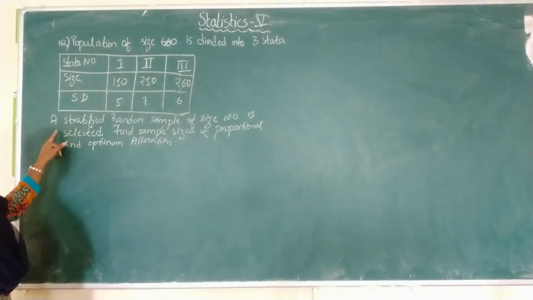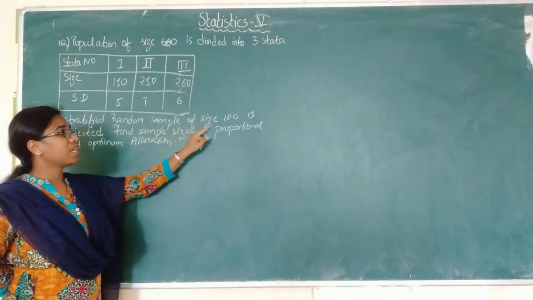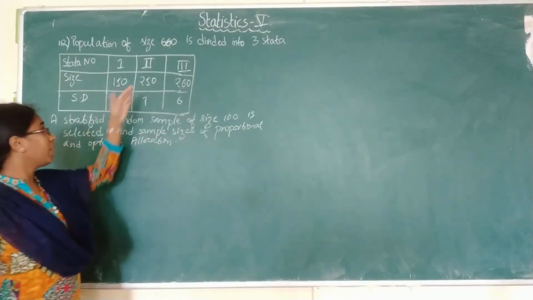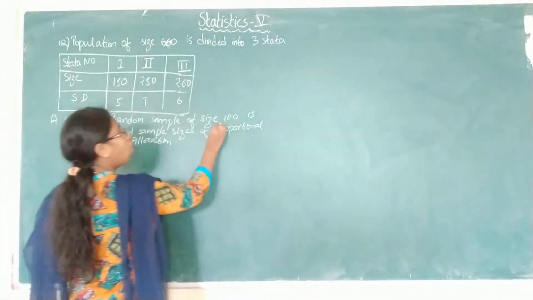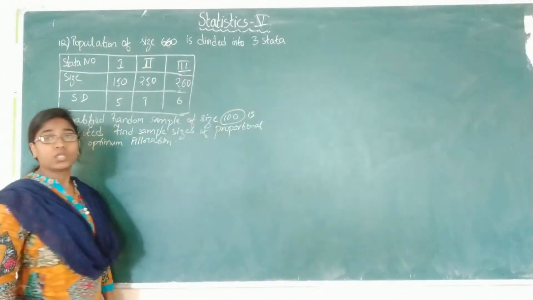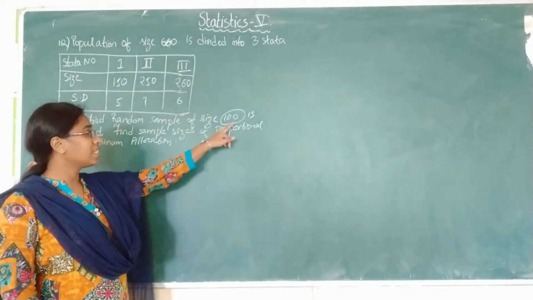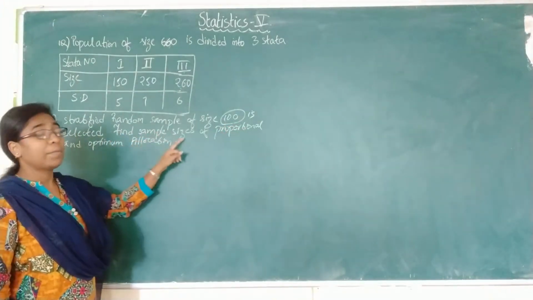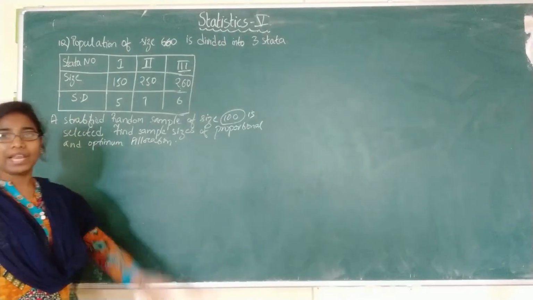Next, what do we have to find? A stratified random sample of size 100 is selected from the given strata. So the overall stratified random sample should be of size 100, and we need to find the sample sizes of the proportional and optimum allocations.